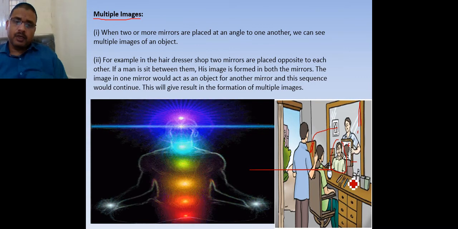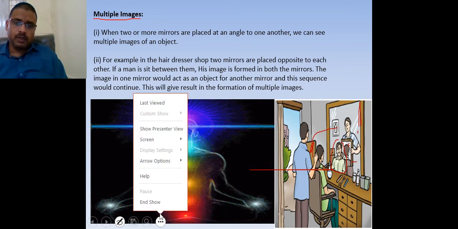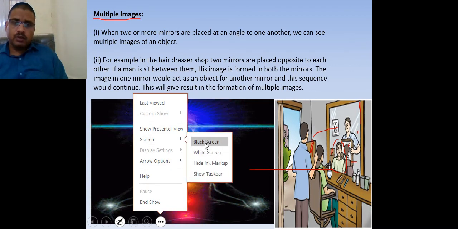Now again I am going to the black screen here. In the last case I showed you that when the two mirrors are kept parallel, multiple images are formed.